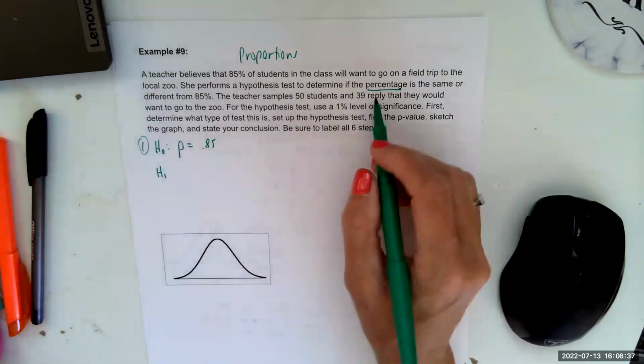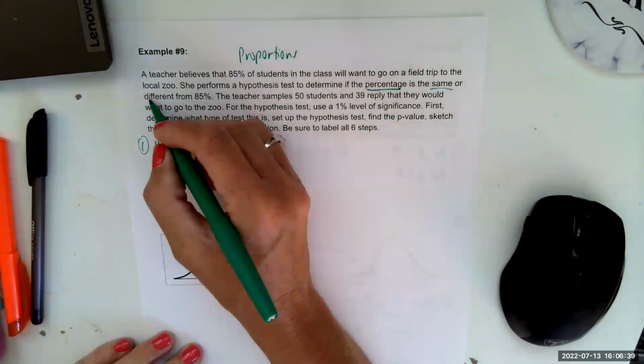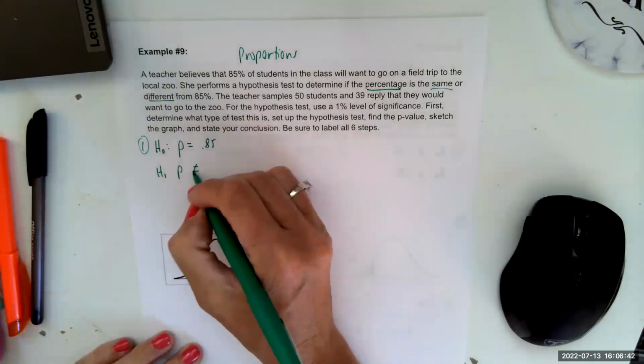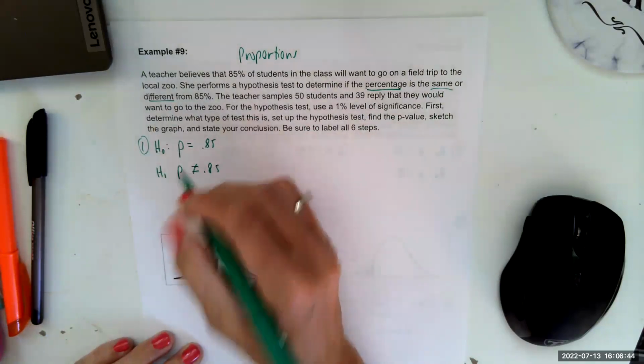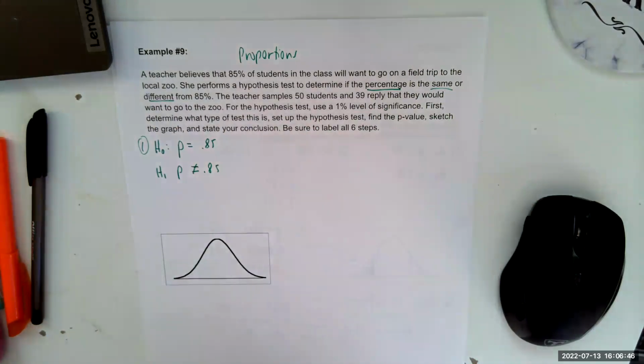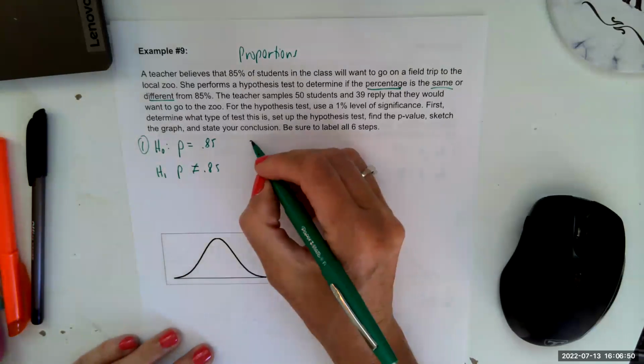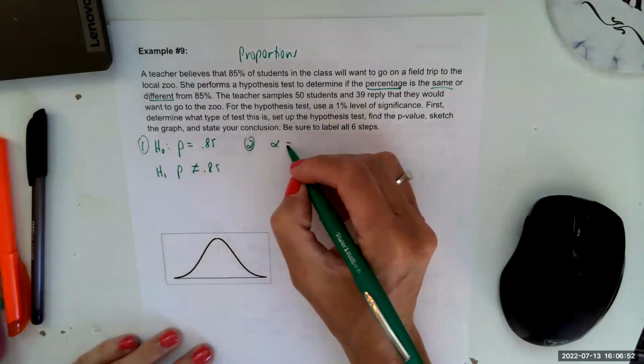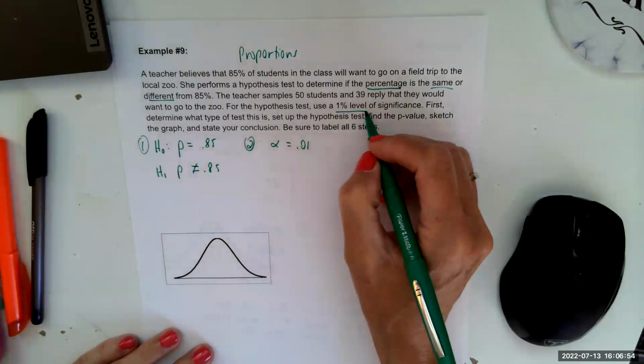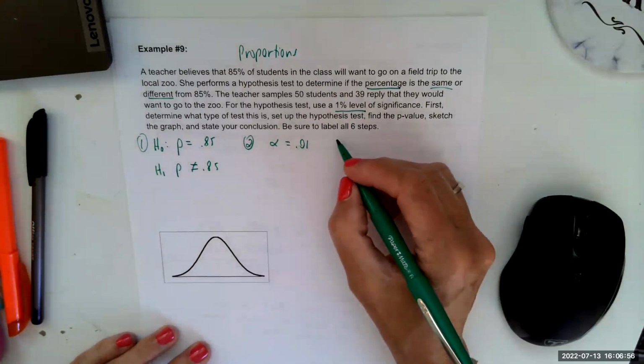So she's testing to see if it's the same or different. So this is really going to be a not equal to 0.85. She's not sure if it really is. That's what she believes is true from maybe past data. This time our alpha we said is 0.01 from this 1% level of significance.